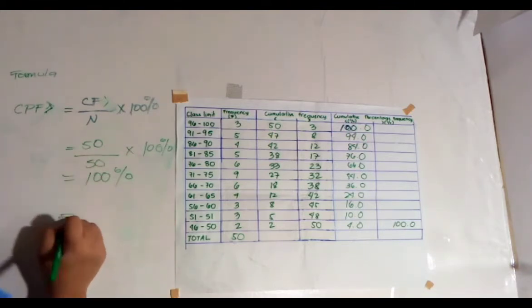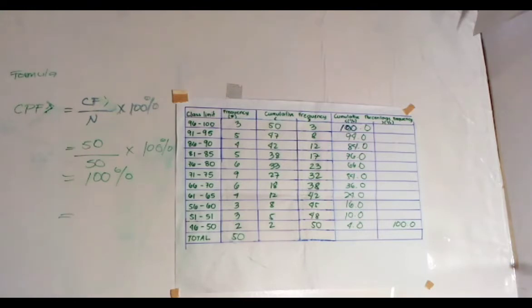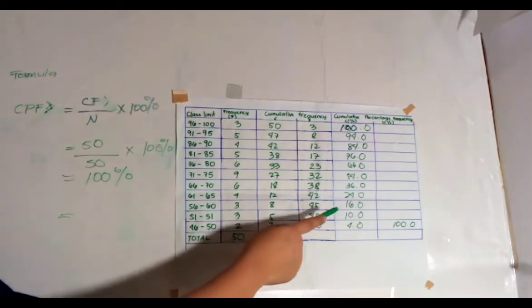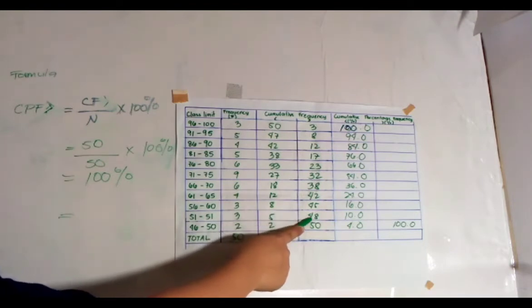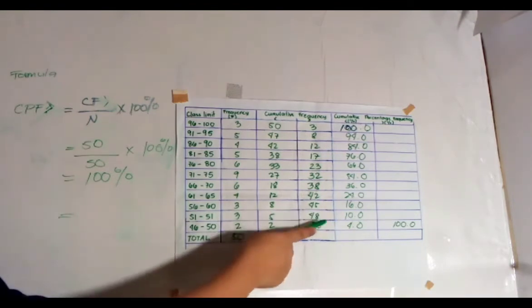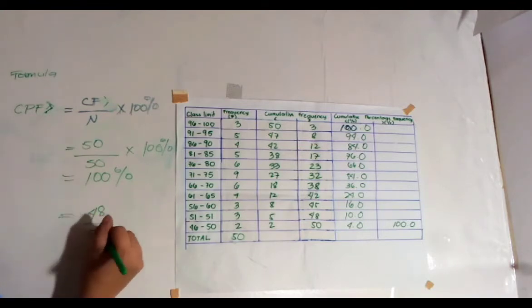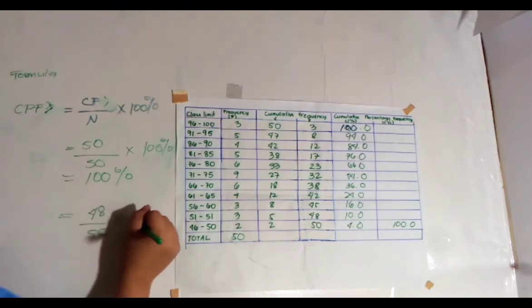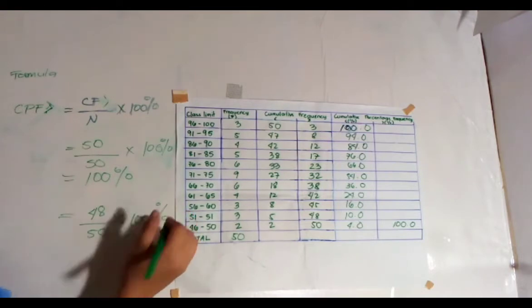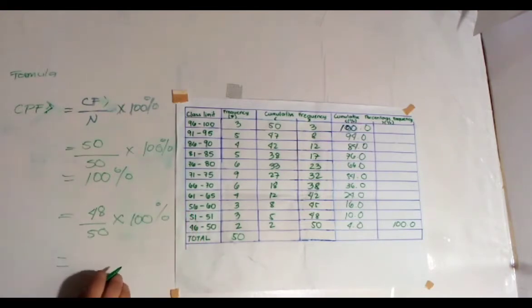Next, to get the answer of the second row, it equals cumulative frequency greater than over the number of cases times 100. In the cumulative frequency greater than, we have 48. So we will write 48 here, divided by 50 times 100 is equal to 96%. So on and so forth.